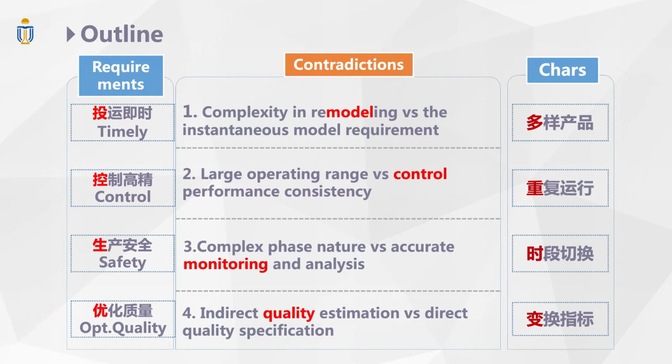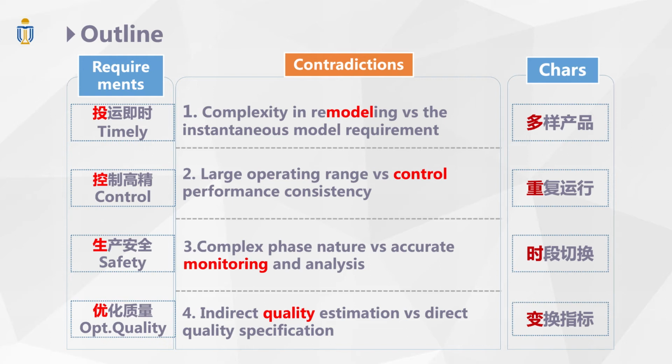This results in 4 contradictions or problems for process automation. When product changes, typically the model changes. So it results in the complexity of remodeling and the time and effort taken in remodeling versus the instantaneous model requirement. This is one challenge.